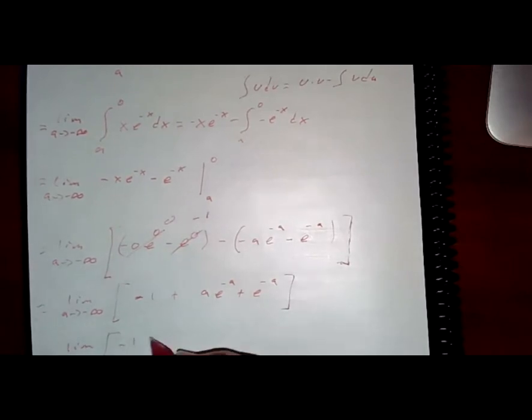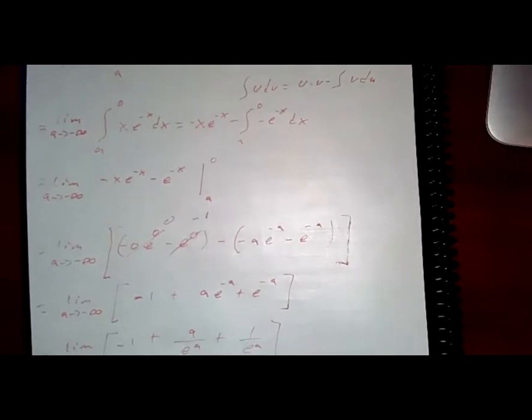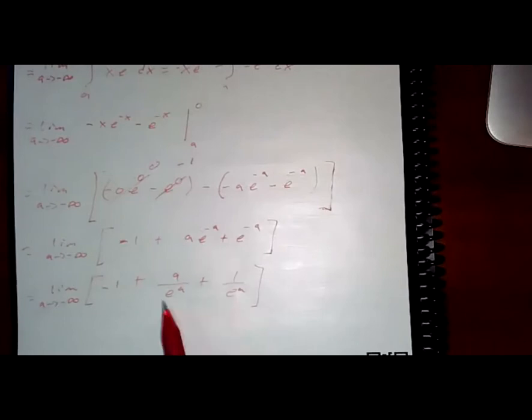It'll be negative 1 plus a over e to the a plus 1 over e to the a. This is going to have division by 0, right? So this will become infinite. The limit will be infinite, meaning it diverges.